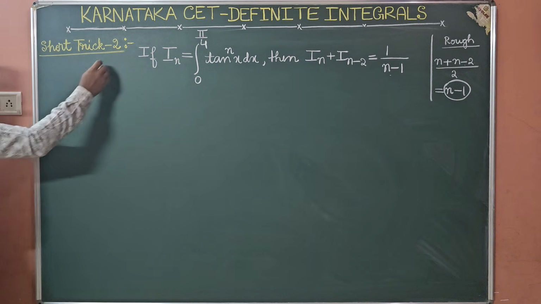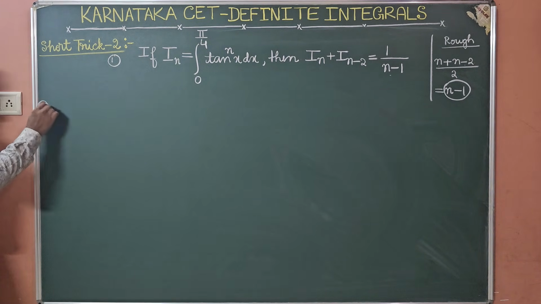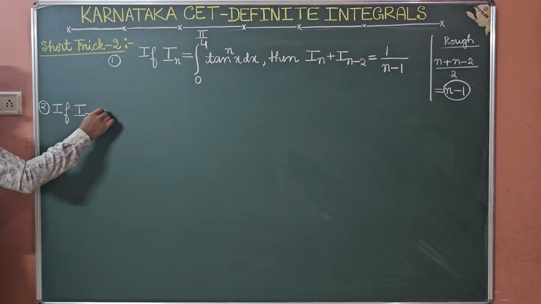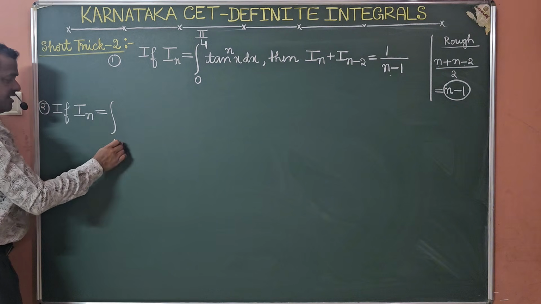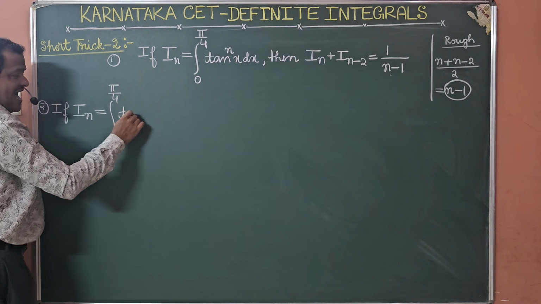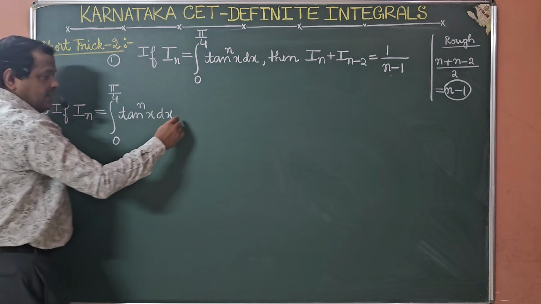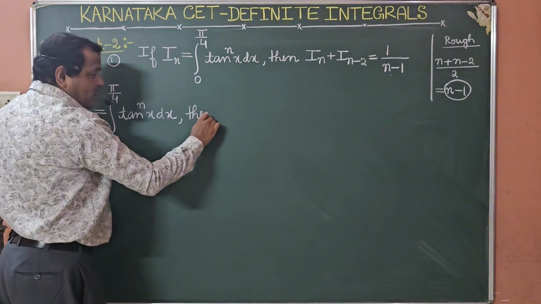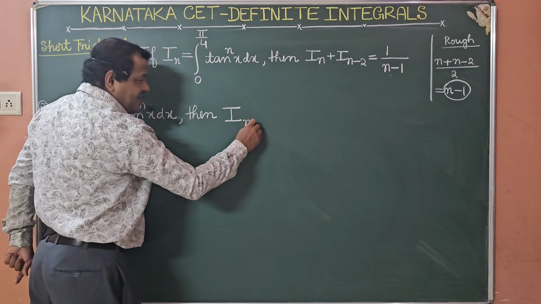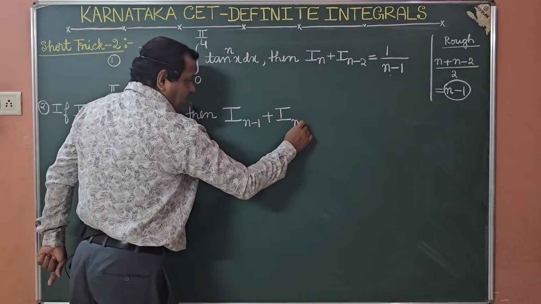Or I would like to give another formula in this only. If I suffix n is equal to integration from 0 to pi by 4 of tan power nx dx, then kindly memorize this in a similar way: I suffix n minus 1 plus I suffix n plus 1.